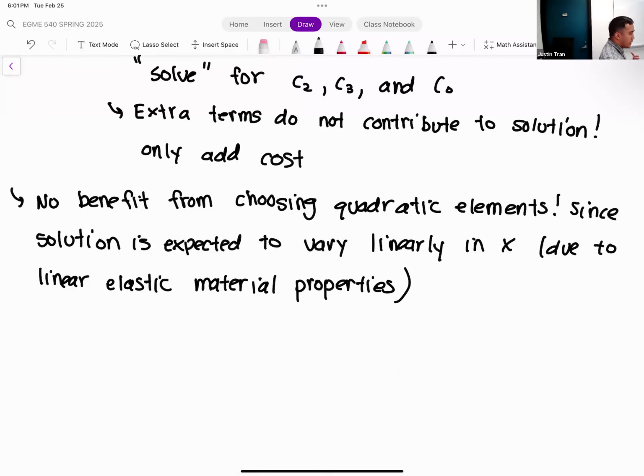So there's actually a really interesting interplay between your choice of material properties, your choice of material model, and the element type that you choose as well.